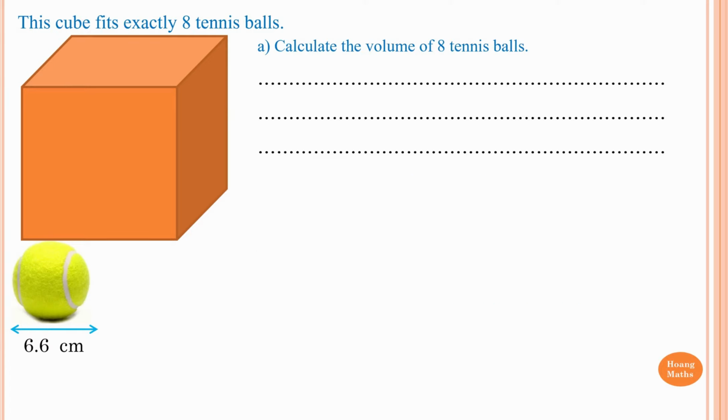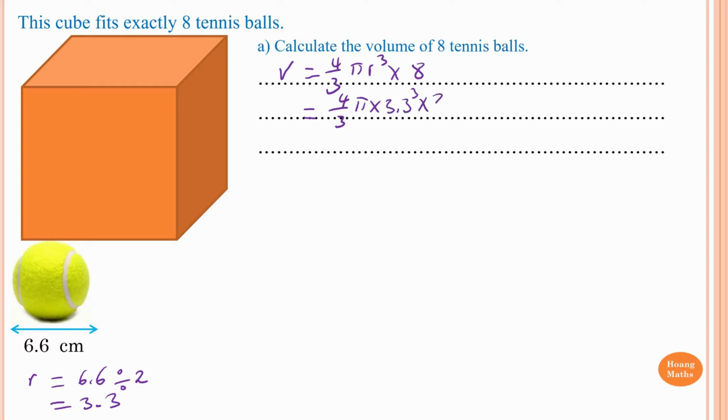So part A. Now to calculate the volume of 8 tennis balls. First of all, the volume of a sphere is 4 over 3 pi r cubed. And 8 of them, so times this by 8. Now the radius of a tennis ball is r equals 6.6 divided by 2, which is 3.3. So it is equal to 4 over 3 pi times 3.3 cubed times 8.